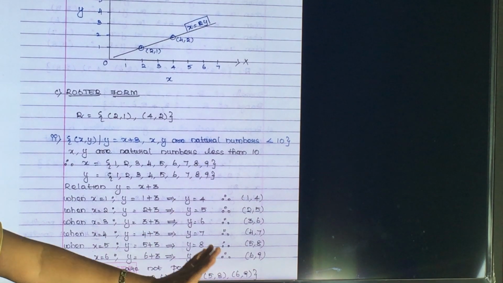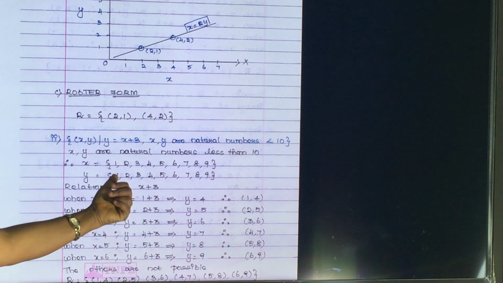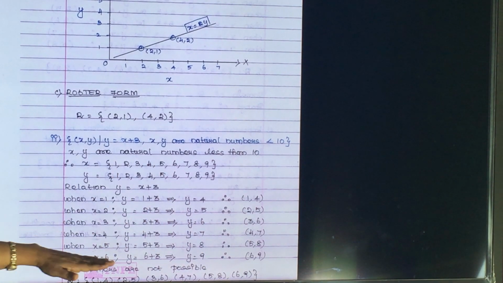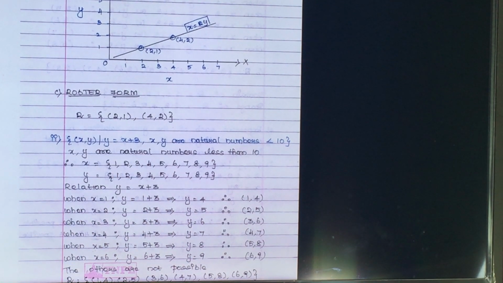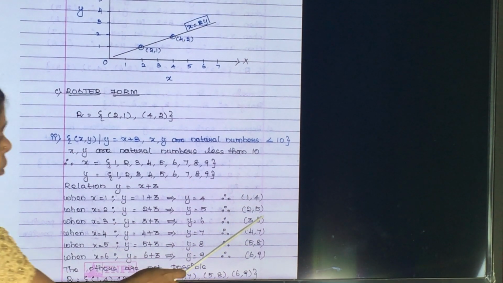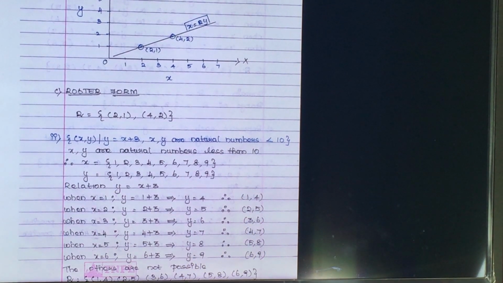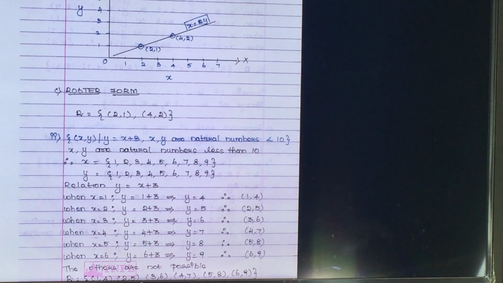There is no use, because when you find the y value it will not be eligible. So, I am stopping with x equal to 6. So, here are the ordered pairs that you get. The others are not possible. So, for the relation, what all ordered pairs can you write? (1, 4), (2, 5), (3, 6), (4, 7), (5, 8) and (6, 9). So, this is the relation.